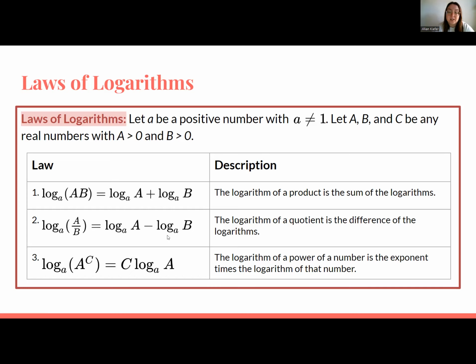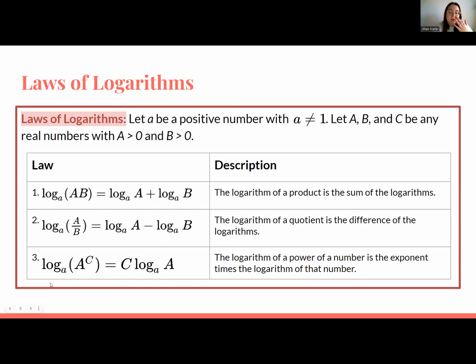This is the logarithm of a quotient is the difference of the logarithms. And just like law number 1, this also works in both directions. If you have one, you can turn it into the other. So we see that they can be used interchangeably based on the context of a problem.